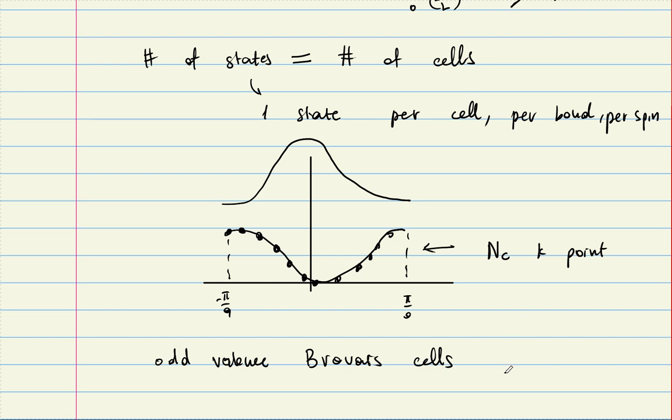Odd means you have 2n plus 1 electrons, and you can first try to occupy the 2n electrons. Let's say n is equal to 1, because the calculation is the same for 5 and 7 and so on.